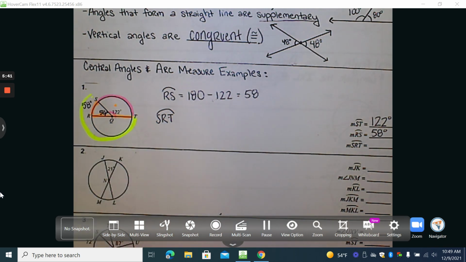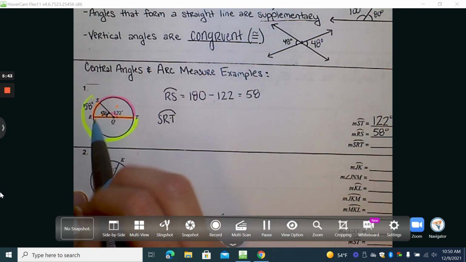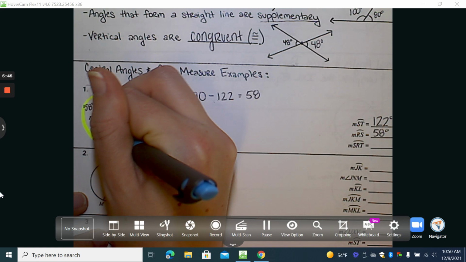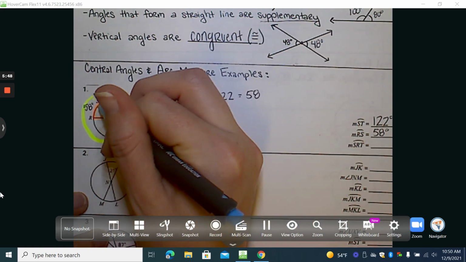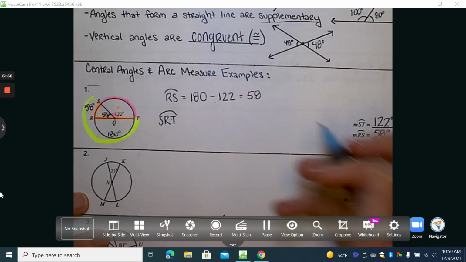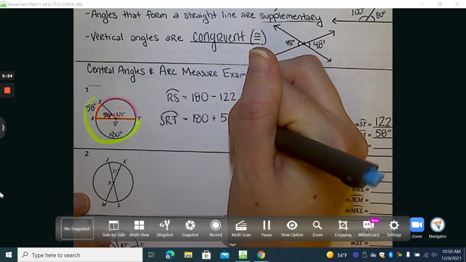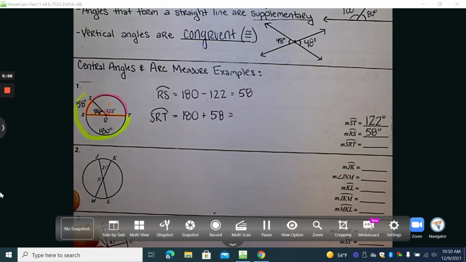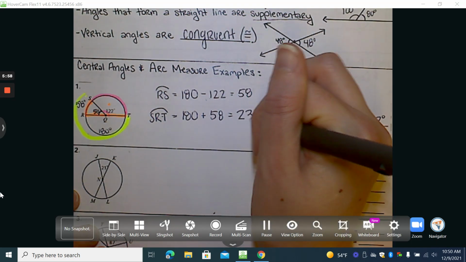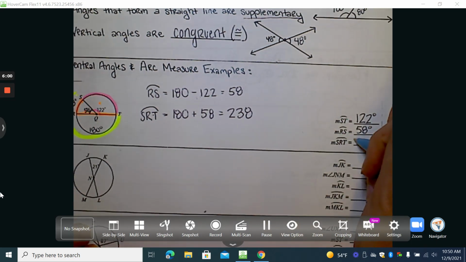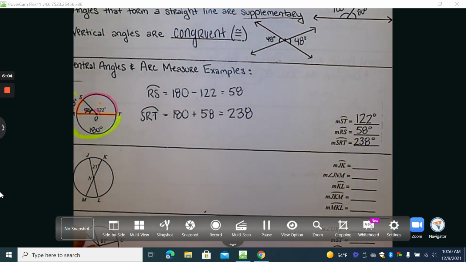I'm essentially including this semicircle, which is 180 degrees, plus this arc, which is 58 degrees. So I'm going to take 180 plus 58, which gives me a total of 238. So that measure of SRT is 238 degrees.